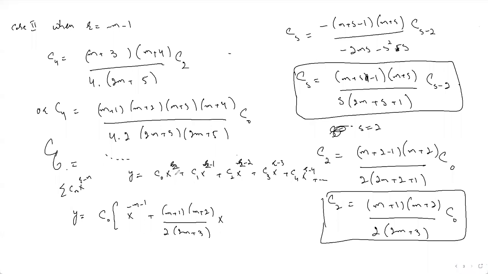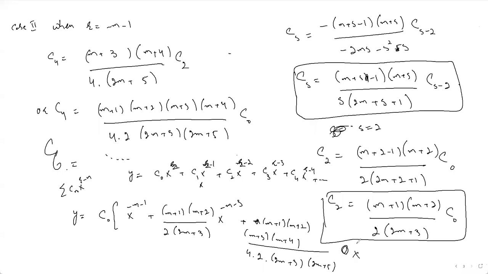x raised to power r minus 2 is already there, r minus 2 minus m minus 2, so it will be minus m minus 3. Plus the other term will be m into (m plus 1)(m plus 2)(m plus 3)(m plus 4) divided by 4 into 2 into (2m plus 3)(2m plus 5), into x raised to power minus m minus 5.